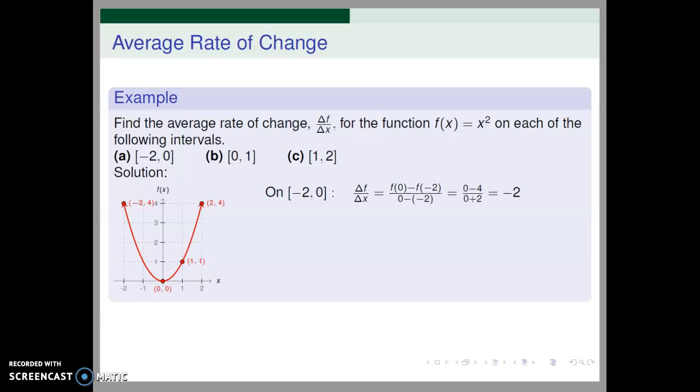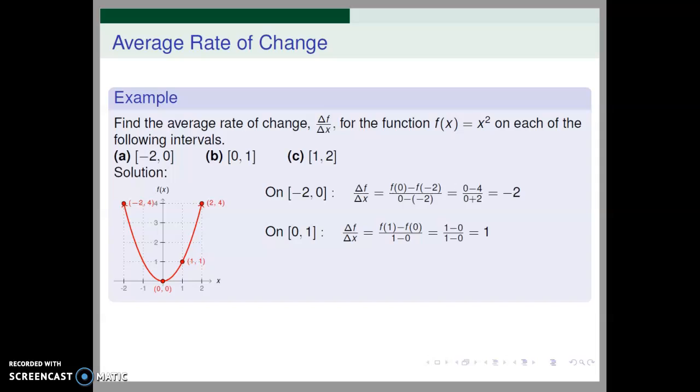Now, on the closed interval from -2 to 0, the average rate of change is the change in function values over the change in inputs. Notice we've used delta f in place of delta y. These notations are often interchanged. We get that the average rate of change on the closed interval from -2 to 0 is -2.